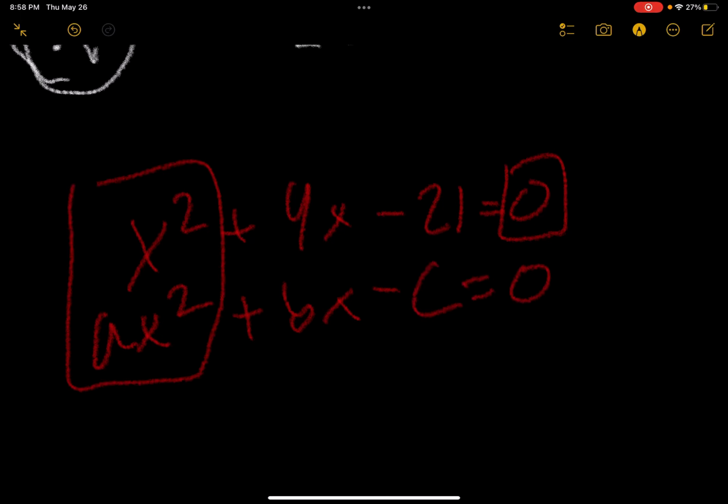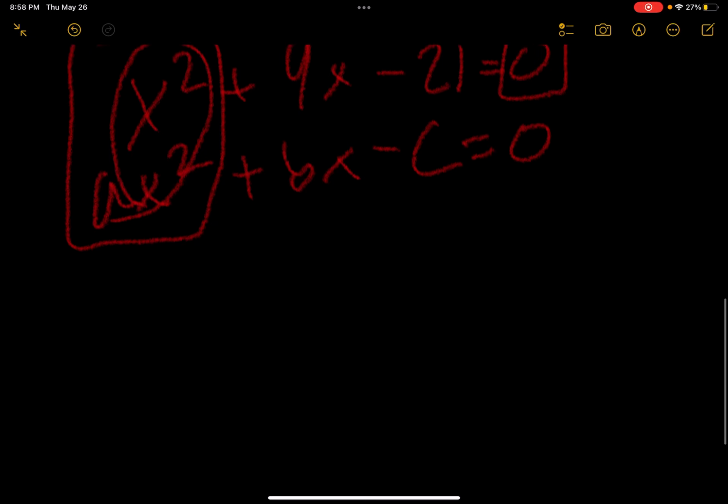Now if we look here, we notice we have x squared right here. However, there's no coefficient shown for x squared. The coefficient of x squared would just turn into 1x squared. So that means a equals 1. Let's take a look here.